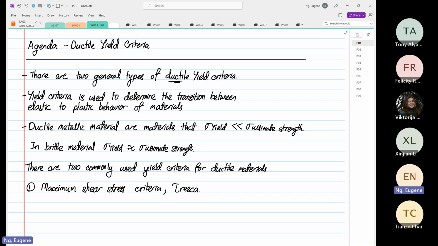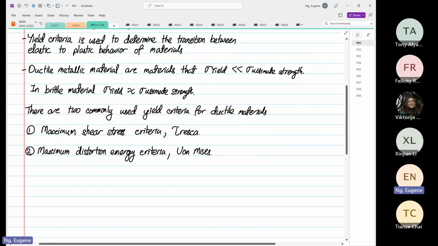The second one, which we will not learn in detail, is the maximum distortion energy criteria, which we usually call von Mises. As I said, we are going to focus on the maximum shear stress criteria due to time.